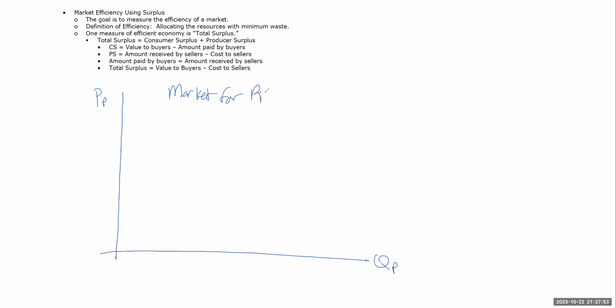The first thing I'm going to do is just draw what consumer surplus looks like visually. Here's price, quantity of pizza, price of pizza. Let's just make this the market for pizza. This is the demand curve. This is the supply curve.